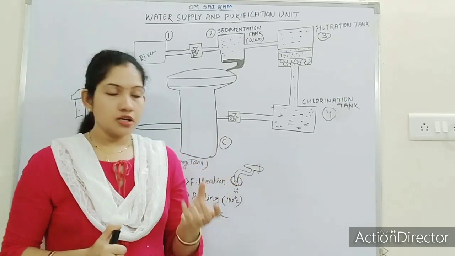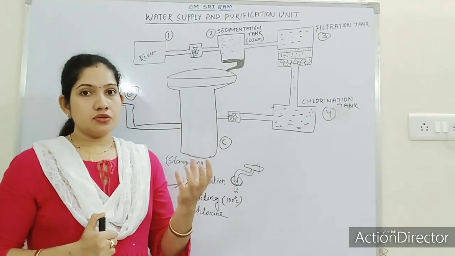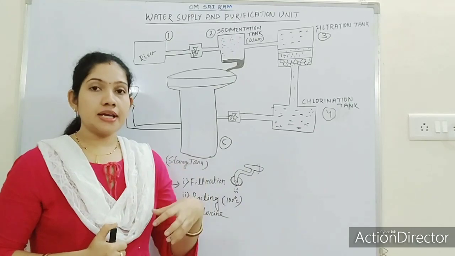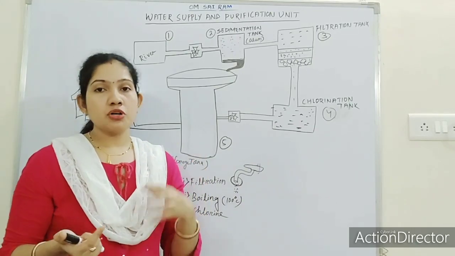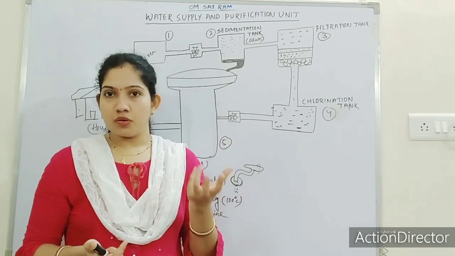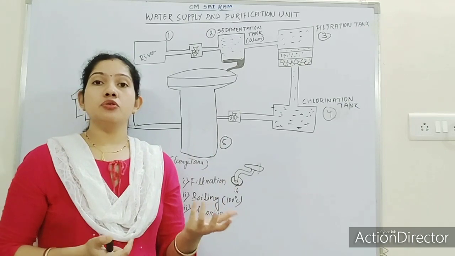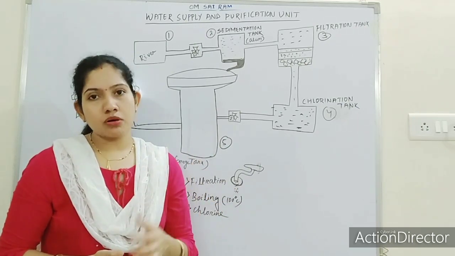So these are some of the steps which can be followed after getting the supplied water, because the supplied water is not always in pure form. These methods can be adopted to get a clean form of water.